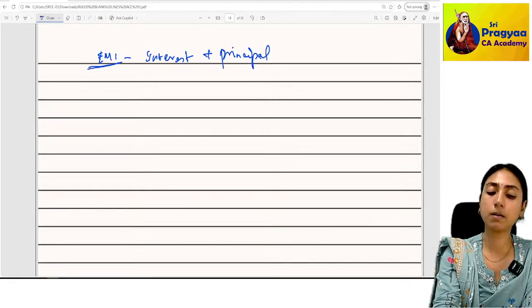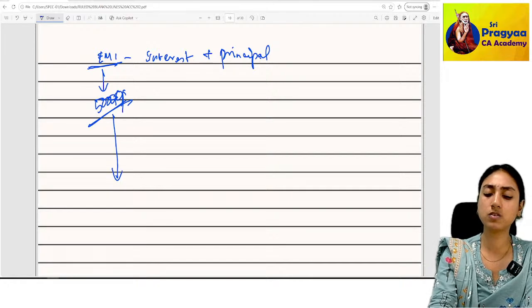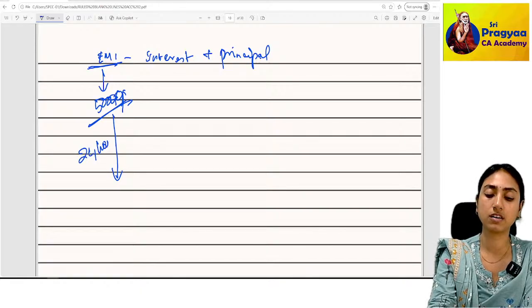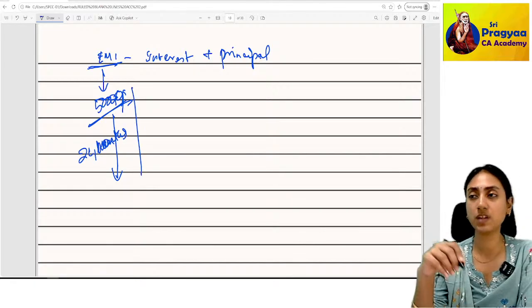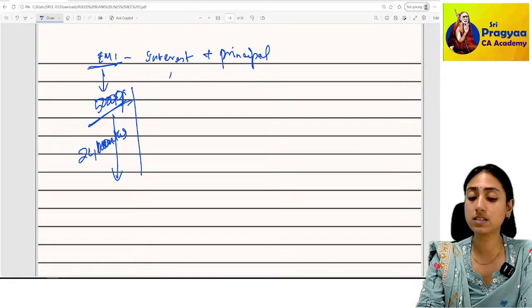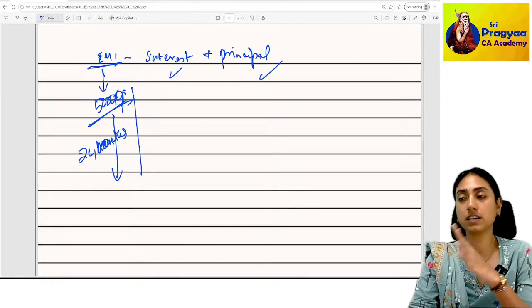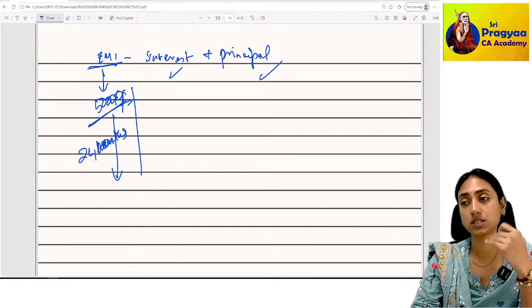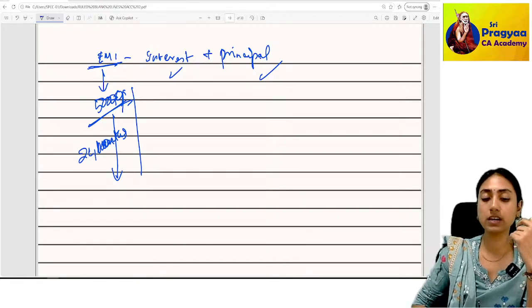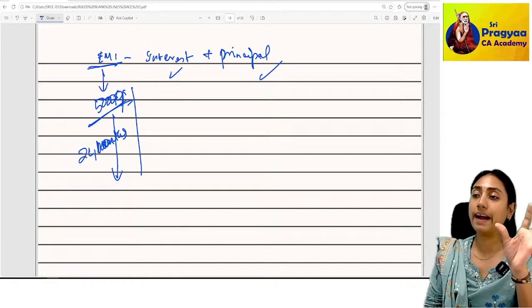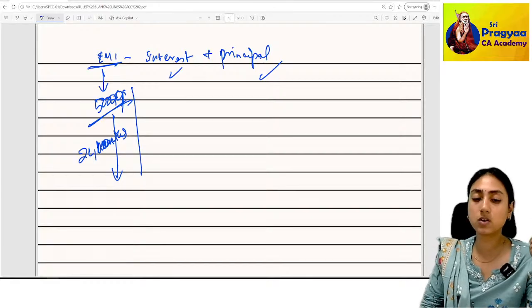Although the EMI amount on a month-on-month basis is constant, say 50,000 per month, every month during the entire loan tenure, say 24 months, I will be paying only 50,000. But that doesn't mean my interest is the same or the principal is the same. Every month it keeps changing, but put together, it will add up to 50,000. That's the concept of EMI.